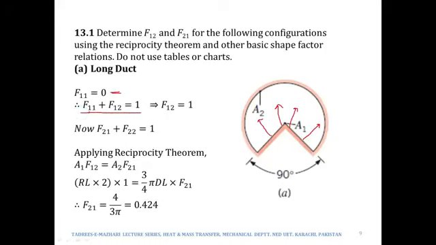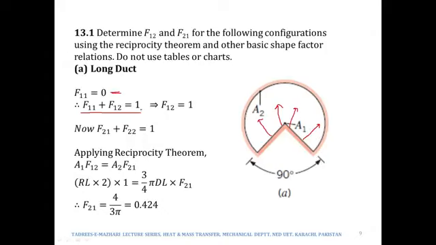It means that the fraction of radiation leaving 1 which is being incident upon 1, plus the fraction leaving 1 which is being incident upon 2, is 100% of the radiation leaving 1. Is all the radiation leaving 1 being incident upon 1 and 2? Of course it is, out of which we know that F11 is 0. So all the radiation leaving 1 is being incident upon 2.